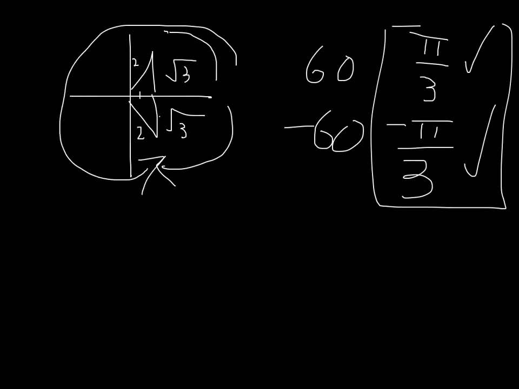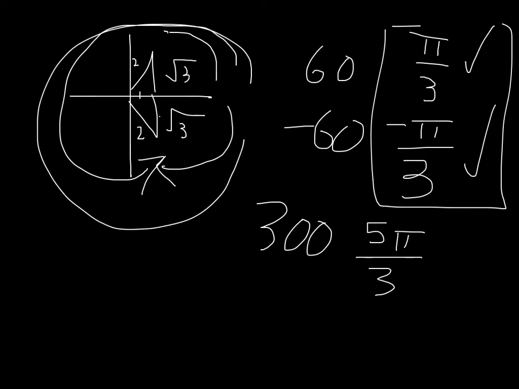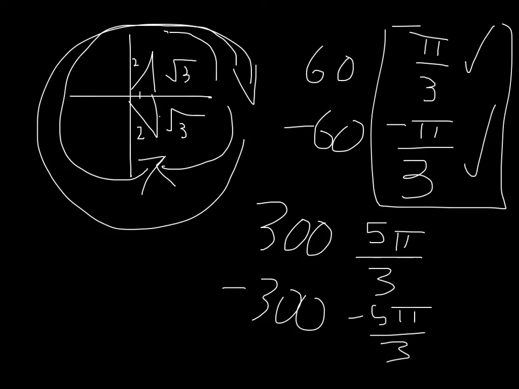That is 300. In radians, that's 5 pi over 3. And going the opposite way, as we know, will be negative 300. Making that negative 5 pi over 3. Okay, so those are our 4 answers just from that one equation.